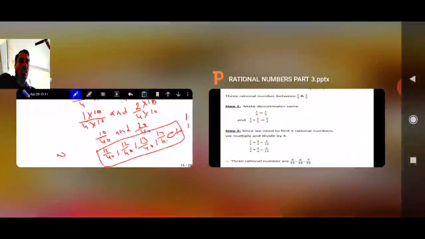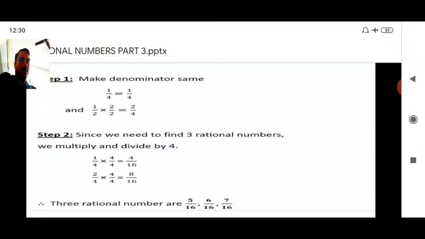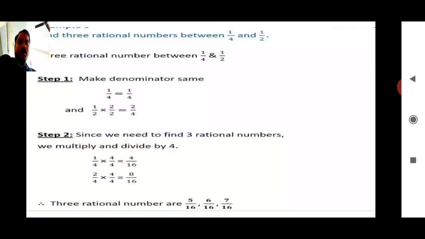Okay, I hope it is clear to you. So let's see here. First step, make the denominators the same. Here we make 1 by 4 as 1 by 4 and 1 by 2 as 2 by 4. Since we need to find three rational numbers, we multiply and divide by 4. You can also multiply by 10, 15, 16, 18, but the number multiplied must be greater than the count of rational numbers required.